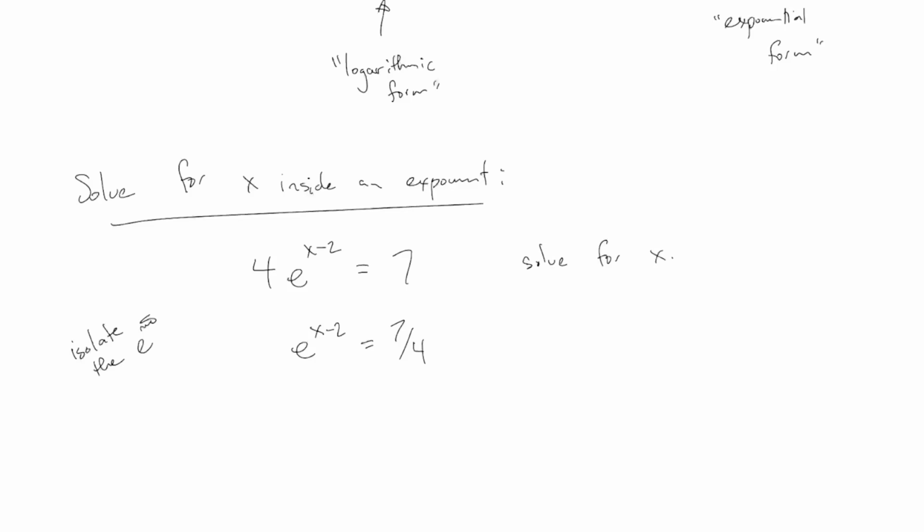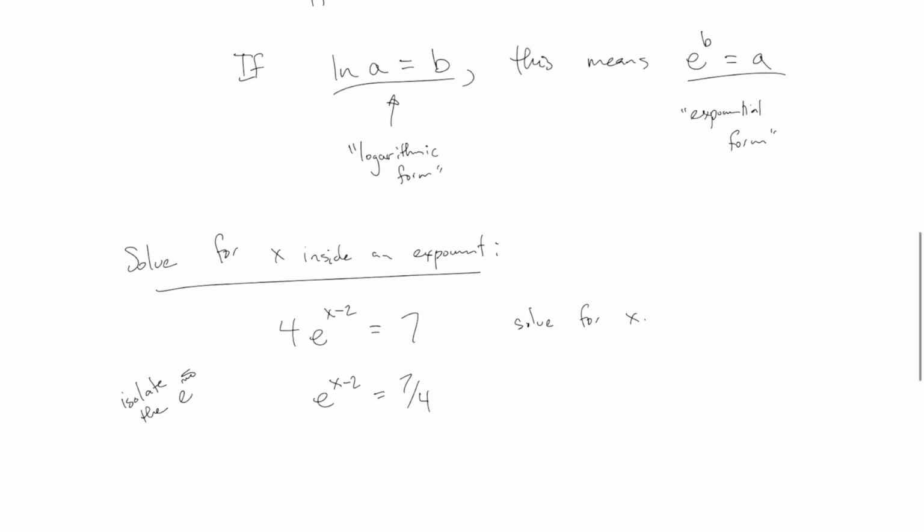You have to be a little bit careful here. Look at these two red boxes. What I have right now looks like this: e to something equals something. I'm going to translate it so that it looks like this: ln of something equals something, and it has to be just kind of like the opposite.